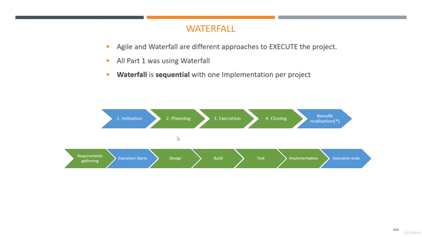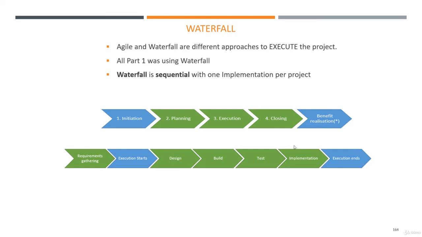The requirements gathering is done in planning, and then the execution is more or less design something, build something, test it, and after that implement it. Agile and waterfall are two different ways to go through this cycle.